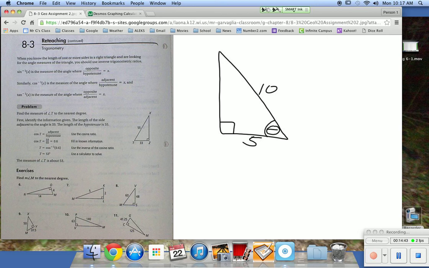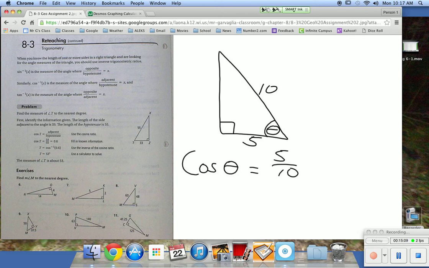Which trig function works with adjacent and hypotenuse? Cosine. So we would write it out: cosine of theta, because we don't know what the angle is, equals 5 over 10.